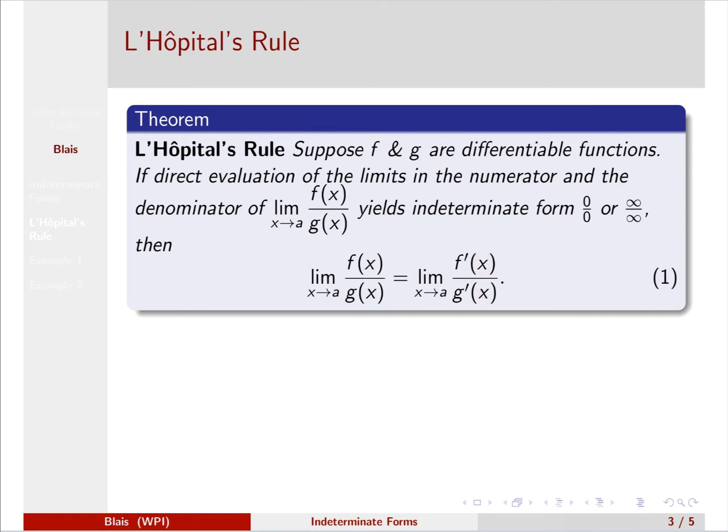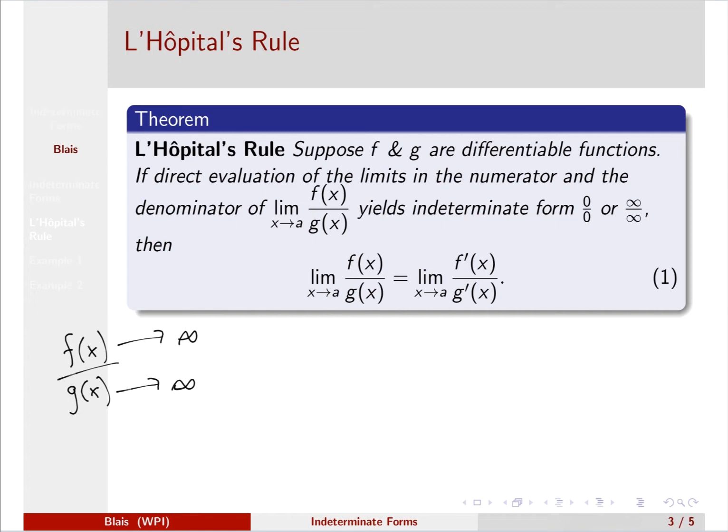The idea here, and let's look at the case where both top and bottom are approaching infinity. So if the top is approaching infinity and the bottom is approaching infinity, what L'Hopital's rule says is that they're both going to this same place. And the limit of this ratio can be determined by the limit of their velocities, how quickly they are going to this place.